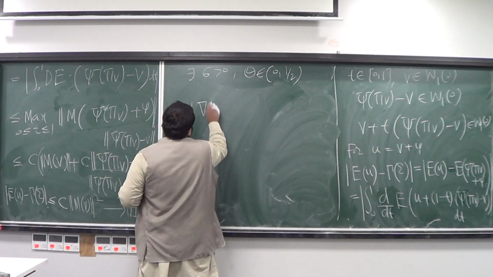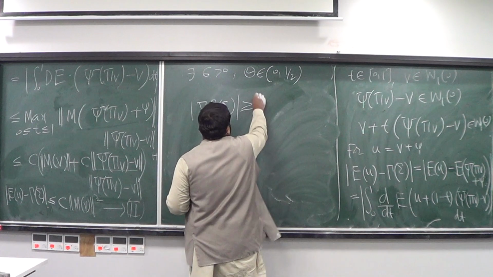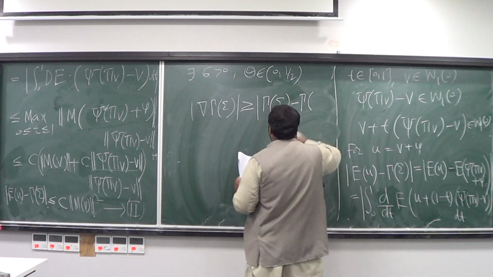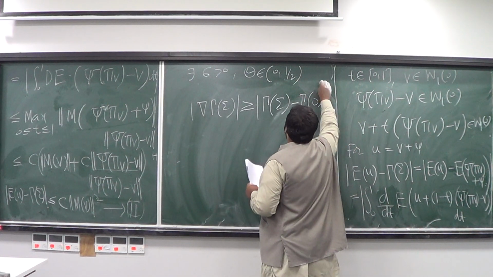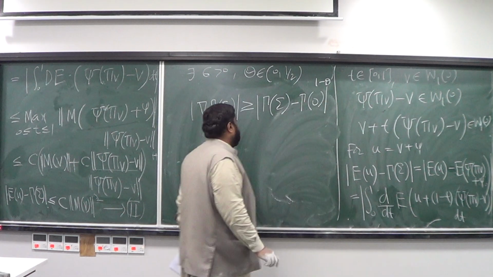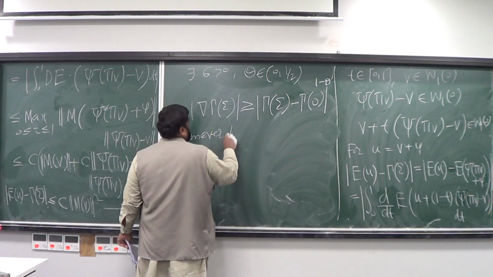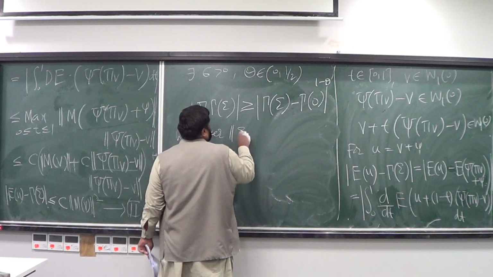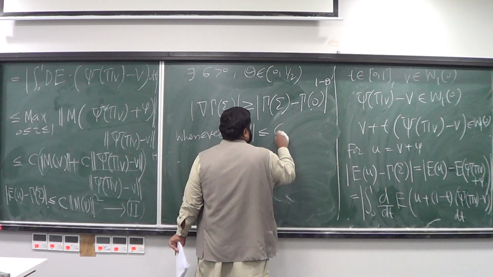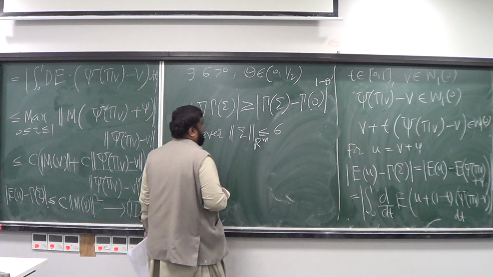The gradient of Γ of ξ can be estimated by Γ of ξ minus Γ of the critical point, which is 0, raised to 1 minus θ, whenever ξ minus 0, which is ξ, is less than or equal to σ. It's in R^m.